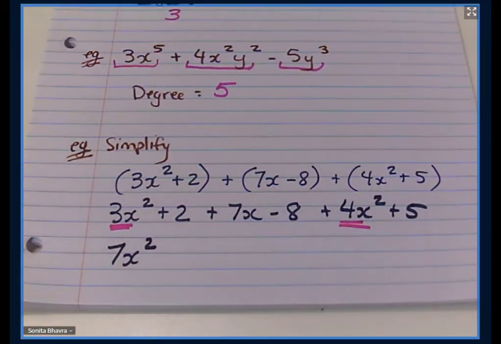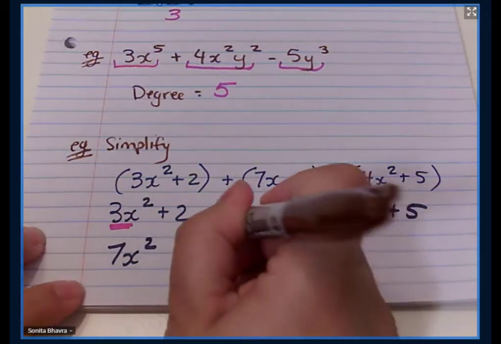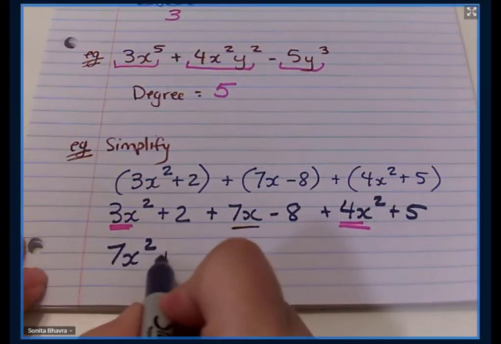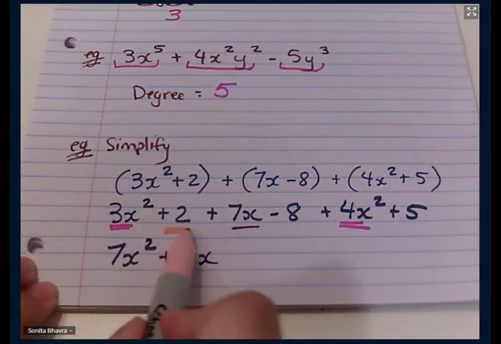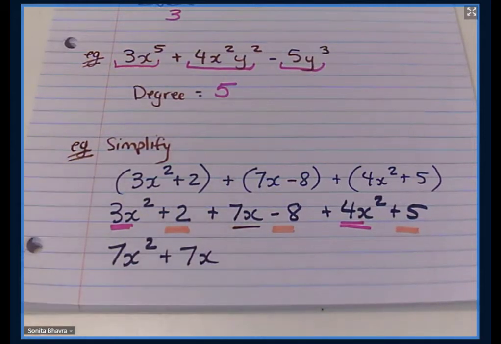Next, we have 7x, and there's no other term with the x variable. So it's just plus 7x. And then we have 2 minus 8 plus 5.